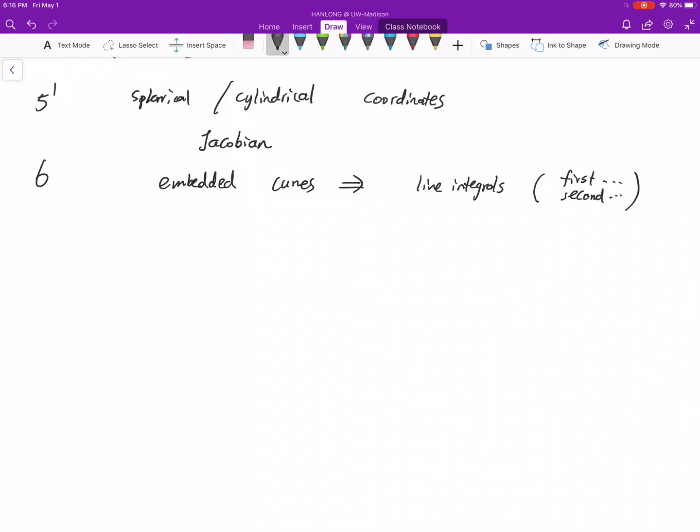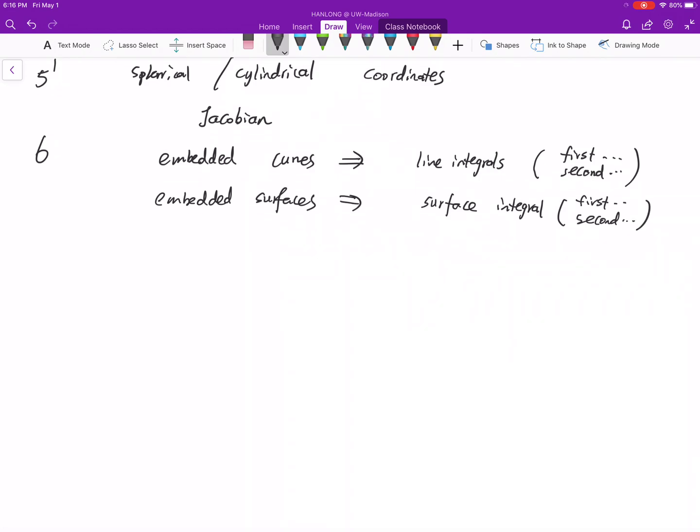Okay, then if you have embedded surface, then you have surface integral. First kind and the second kind as well.